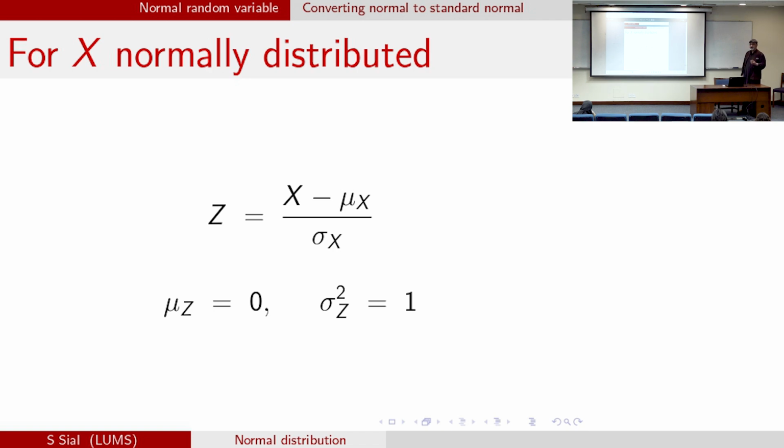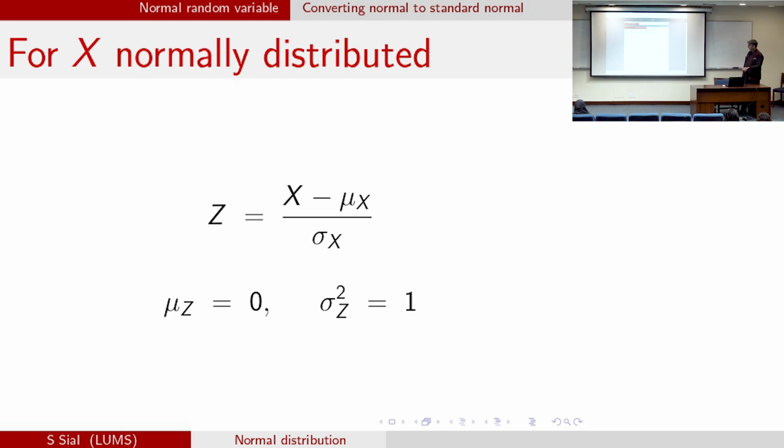Now, if I create a new random variable, I take x and I subtract off its expectation. Remember, we already discussed this when we standardize any family of random variables. If we take the random variable and we subtract off its expectation, and then we divide by its standard deviation, the result is a new random variable with expectation 0 and variance 1.